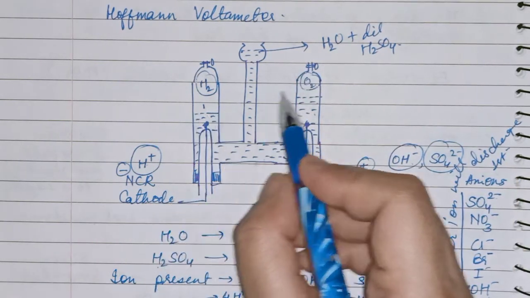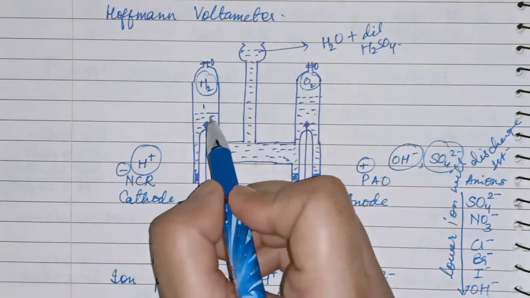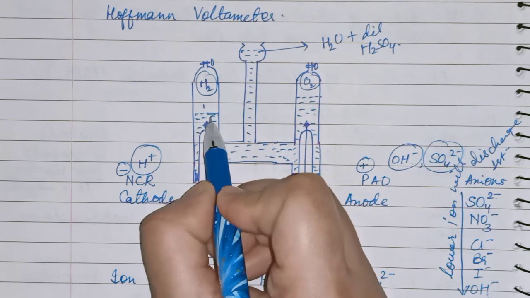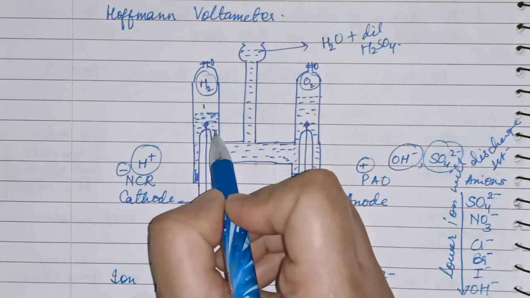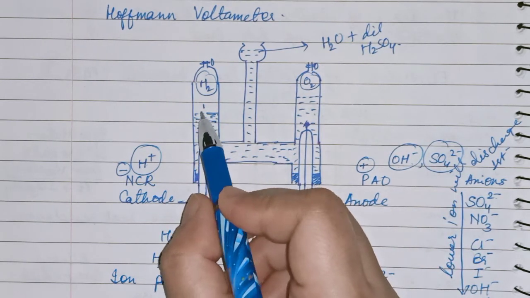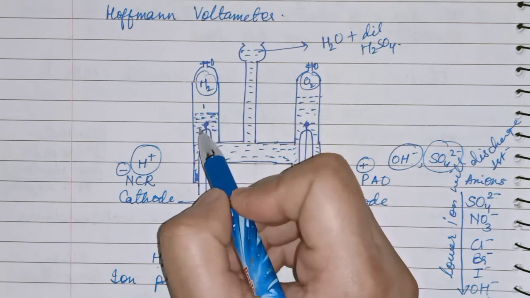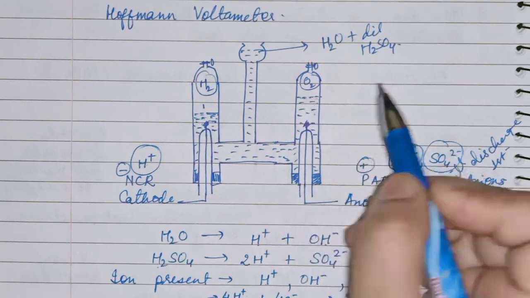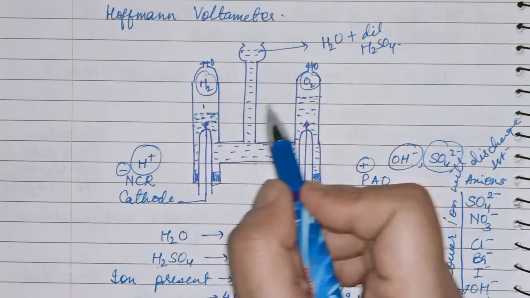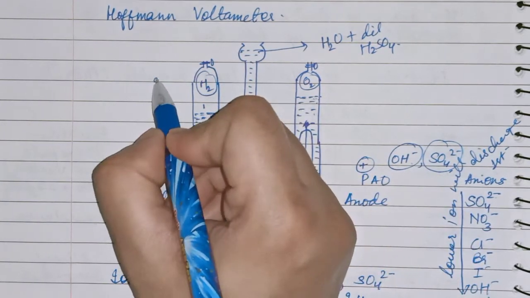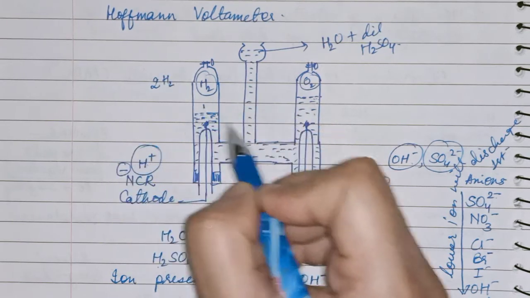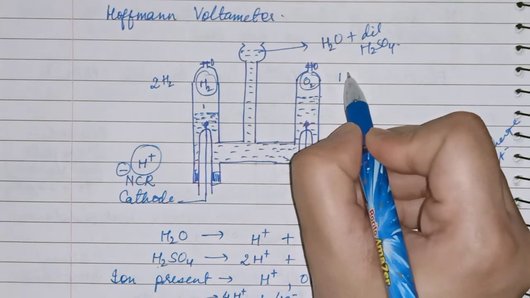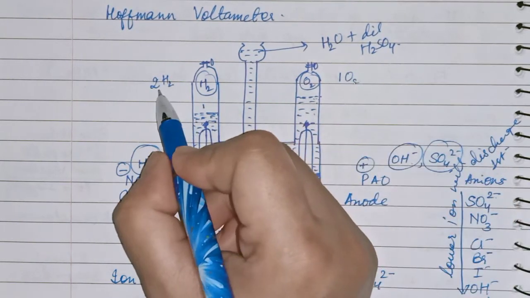Volume of hydrogen is double of oxygen, that's why this will apply more pressure on this water and acid solution, and it will get lower as compared to oxygen. Why is it lower than this? Because the volume of hydrogen is double of oxygen. Here it is 1 only and here it is 2.